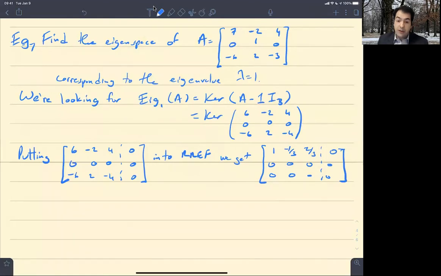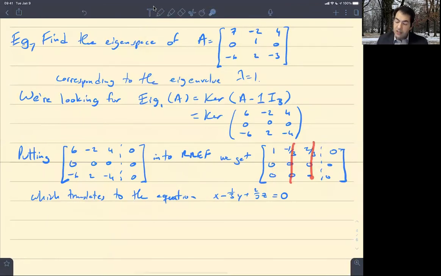Okay, so we're solving A minus 1 times the identity times x equal to 0 by using Gaussian elimination: form the augmented matrix, put it into reduced row echelon form, and then translate back to a system of equations. So this translates to the equation x minus 1/3 y plus 2/3 z is equal to 0, right? Now, notice that here x is a pivot variable, y and z are free variables.